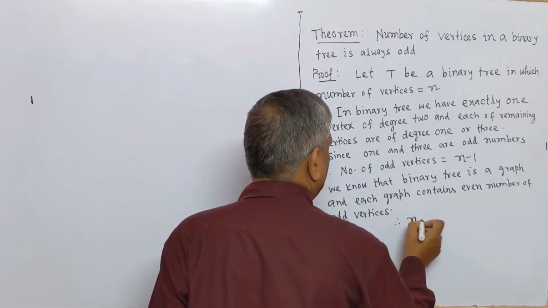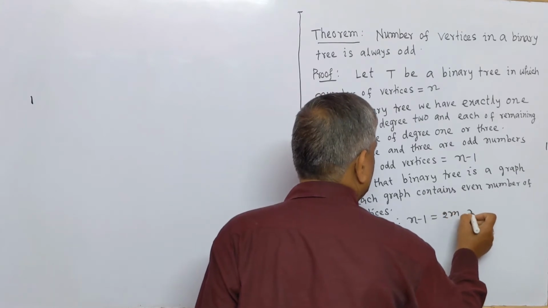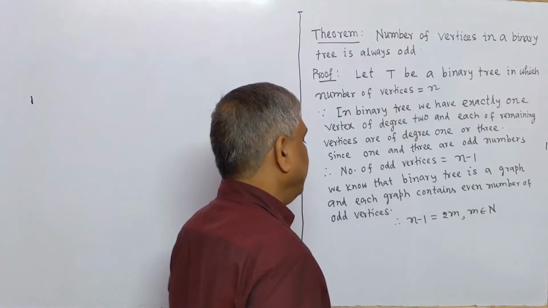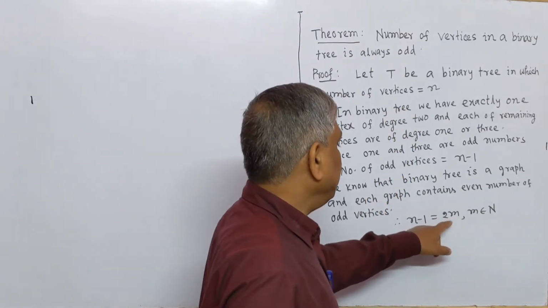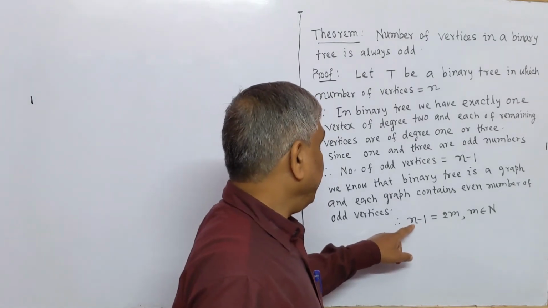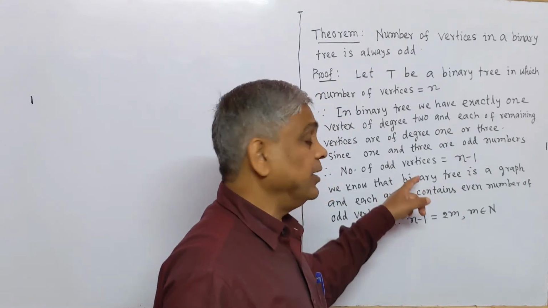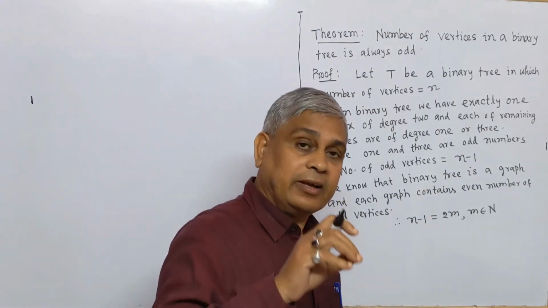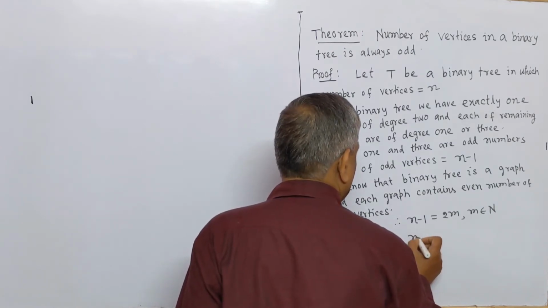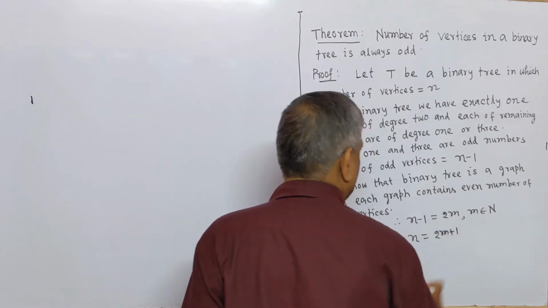Therefore, n minus 1 equals 2m, where m belongs to natural numbers. Here 2m is an even number and n minus 1 is the number of odd vertices in the binary tree, that is, in the graph. This implies that n equals 2m plus 1.